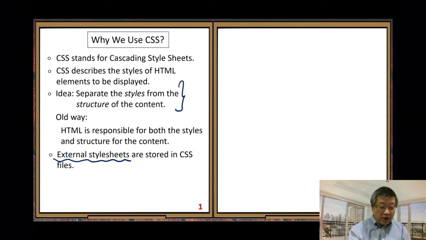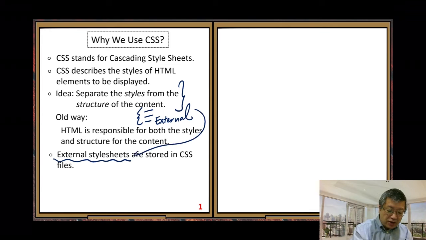Because with CSS, later we will learn three different ways, and there is the external way. Here we use that way as the example to understand the separation idea. All right. External style sheets are stored in CSS files.